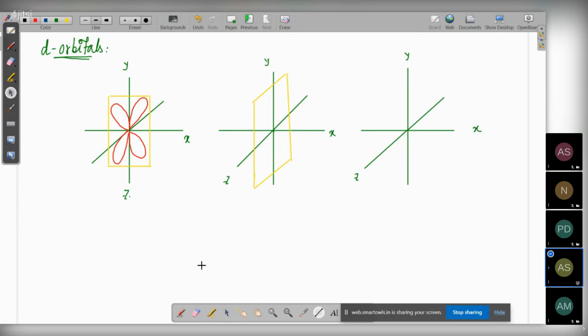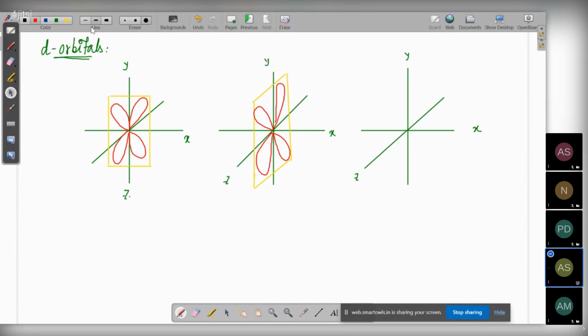Now draw the lobe over here in between. Although it shouldn't touch the axis. Make it touch the axis. So this is the double dumbbell shape of the dyz orbital.